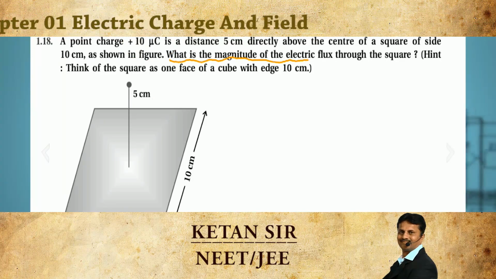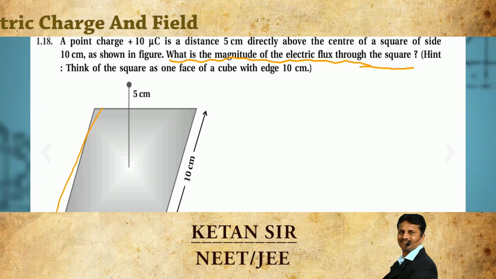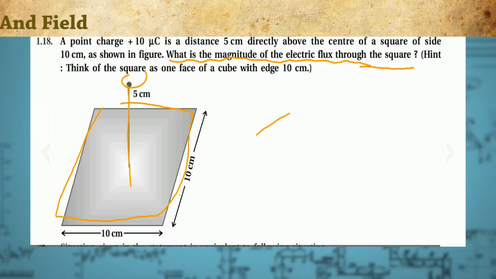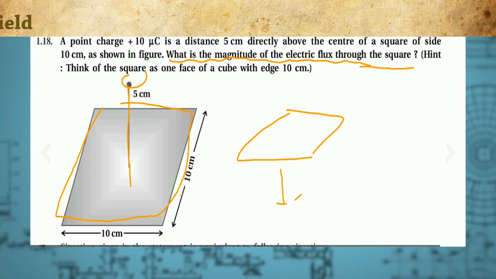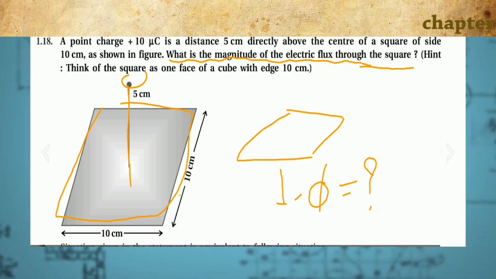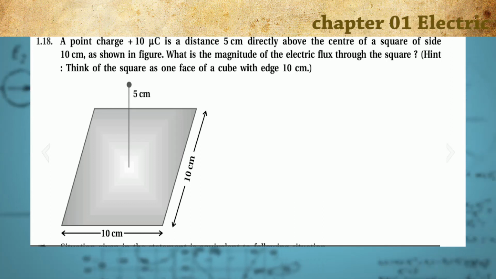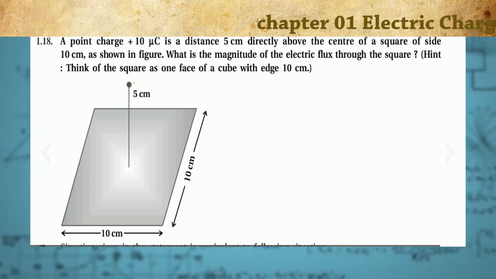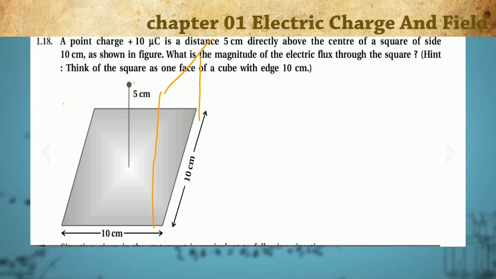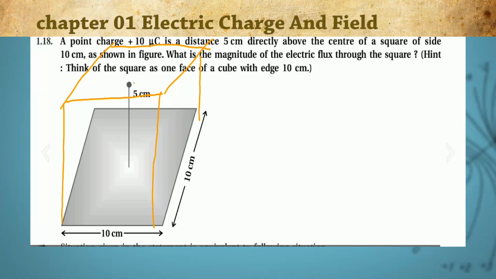What is the magnitude of electric flux through the square? This charge is positive, means electric flux is outward from the surface. Then we just calculate the value of flux. It is a simple question. We draw a geometrical figure, each side 10 centimeter, then we get one square.